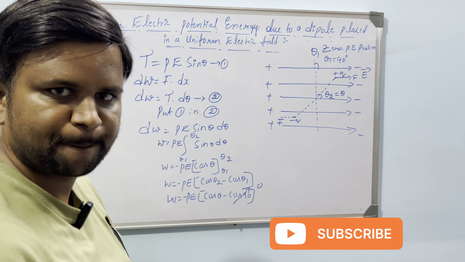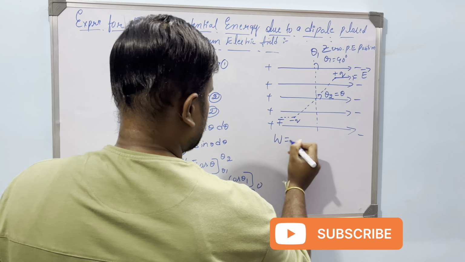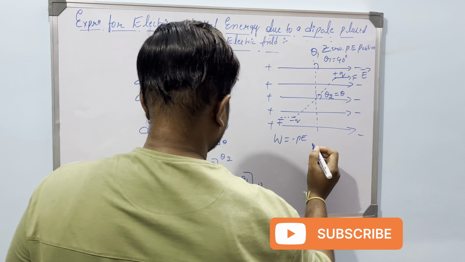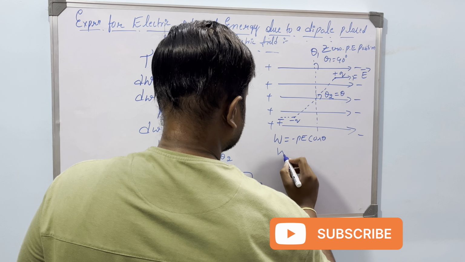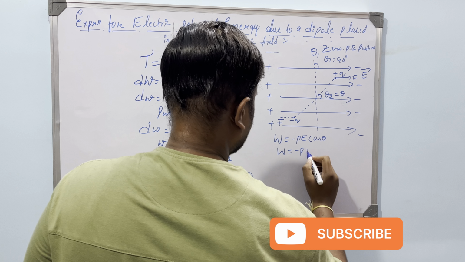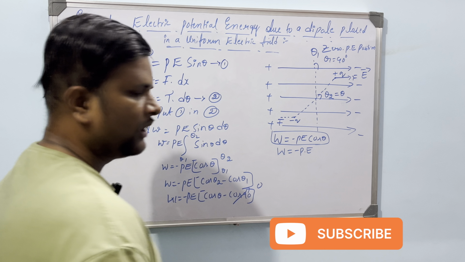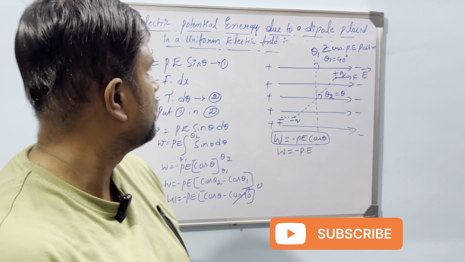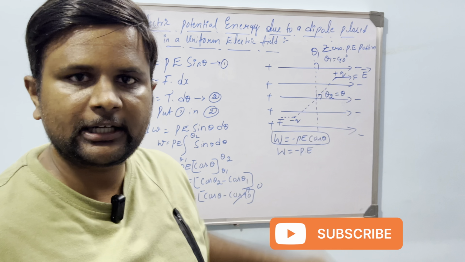Finally we get W is equal to minus PE cos theta. This can also be written as W is equal to minus P dot E. Both are the same. So this is the expression for the potential energy due to the dipole placed in a uniform electric field.